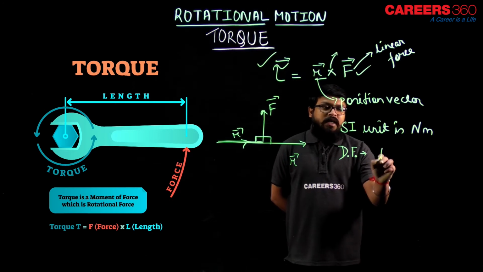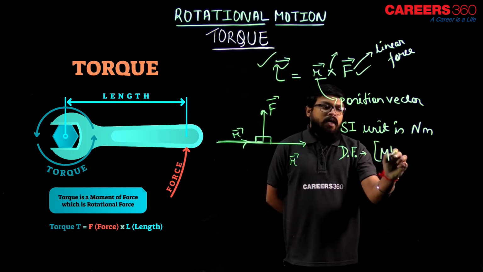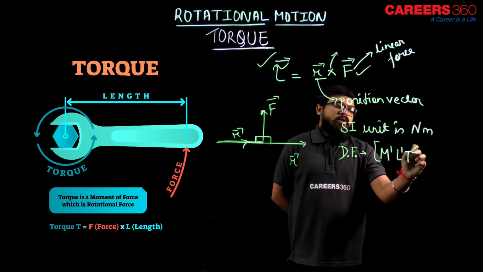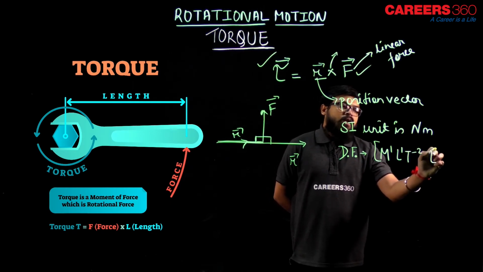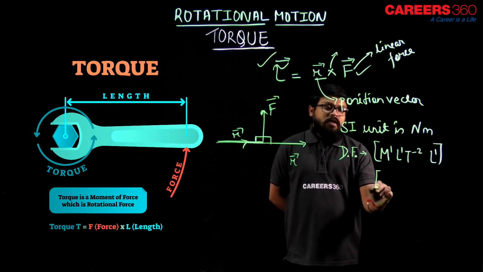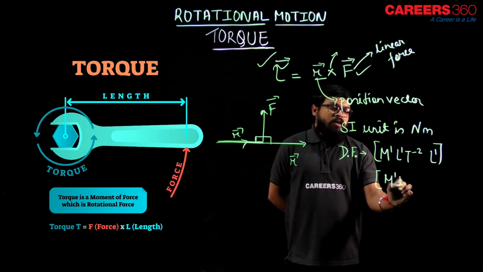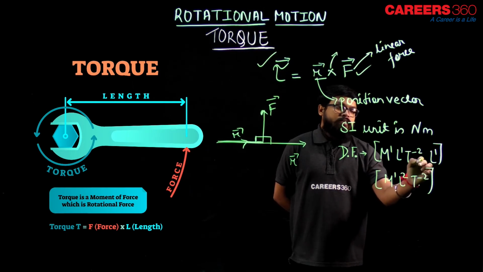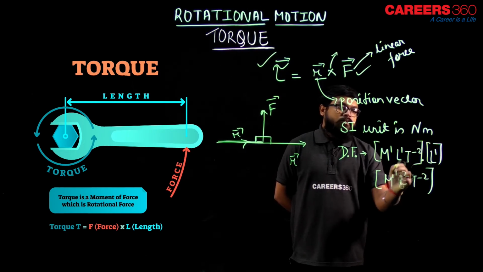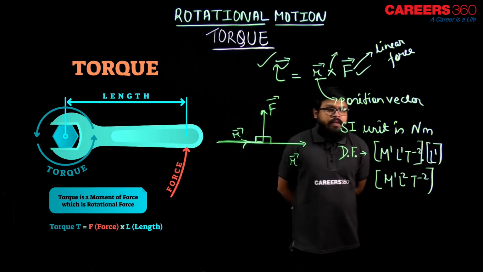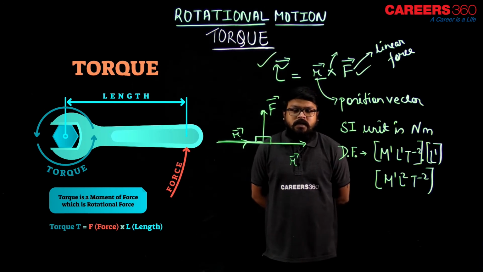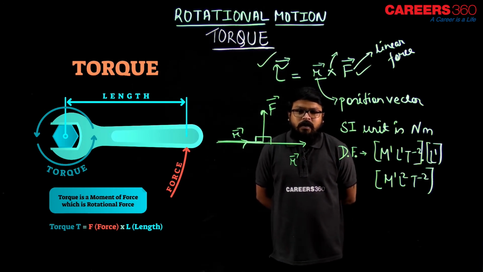So we express it as M^1 L^1 T^-2 into L^1. So it becomes M^1 L^2 T^-2. I hope you got that. So M^1 L^2 T^-2 is the dimensional formula for torque.